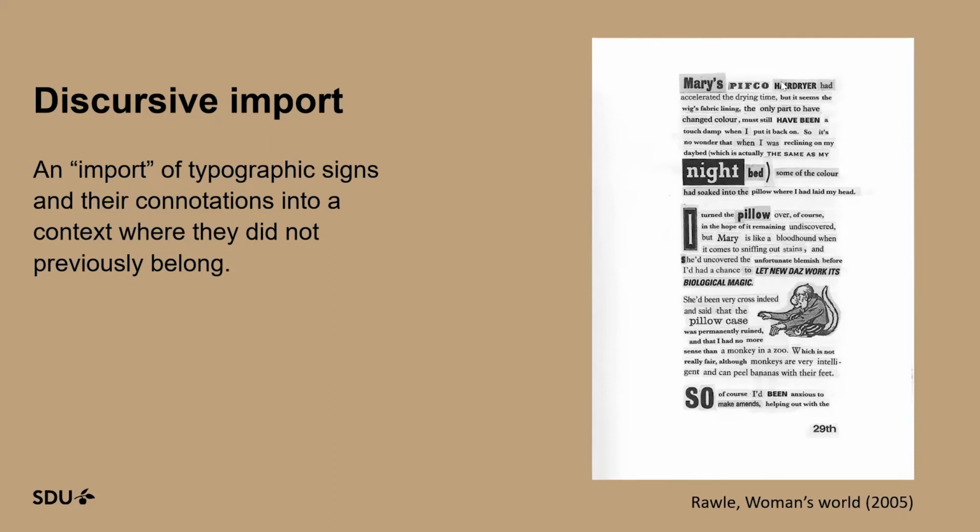And the entire novel is constructed by means of the discursive import of typography and of wording from women's magazines. This may seem like a gimmick, but the fact is that an important aspect of the meaning of the novel is created exactly by this discursive import of the typography and also of specific words, examples of wording.